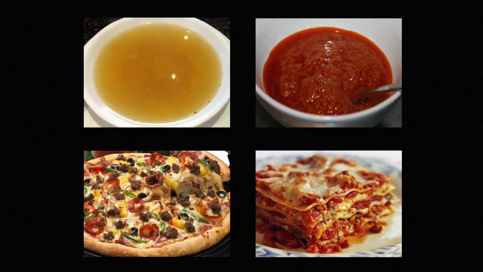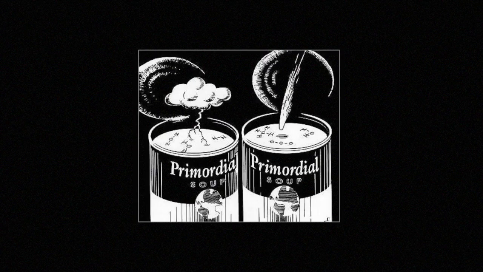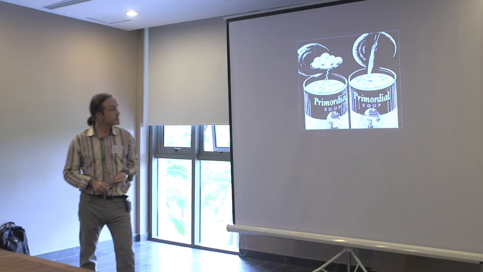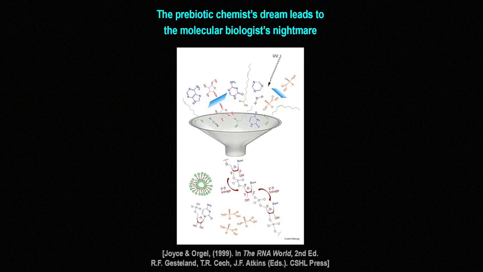So the prebiotic conditions can be as different as you want, okay? And in particular, you can think about a prebiotic soup formed by earth-based compounds or by the delivery of compounds from meteorites or cometary nuclei, as we were listening this morning, okay? Or the combination of both, which is more reasonable.